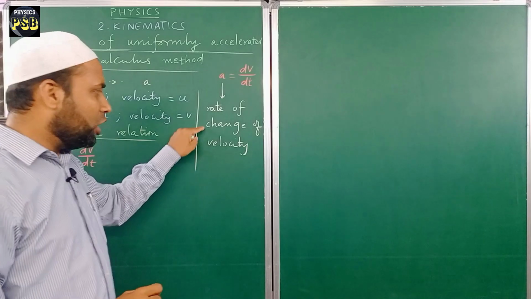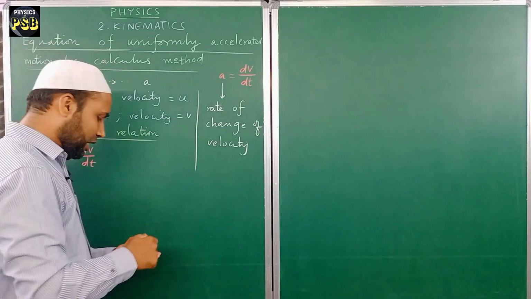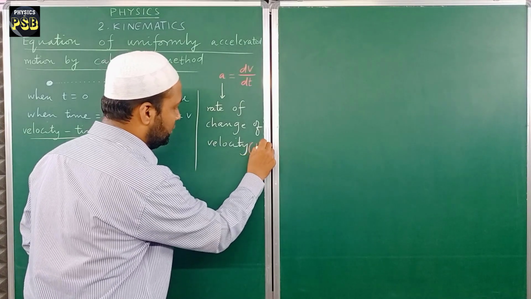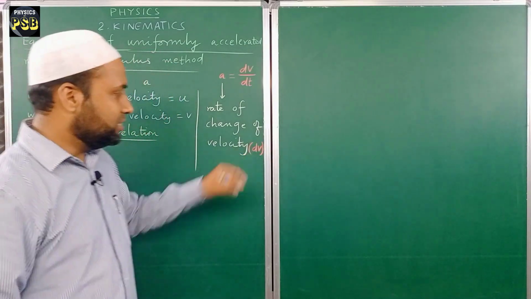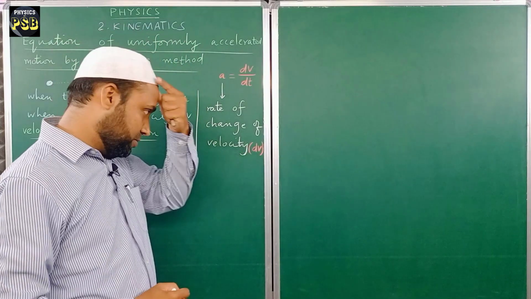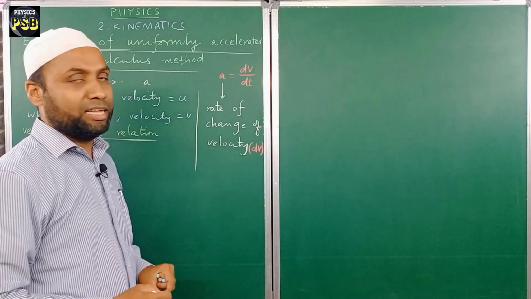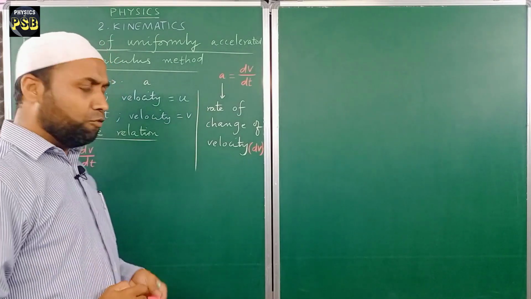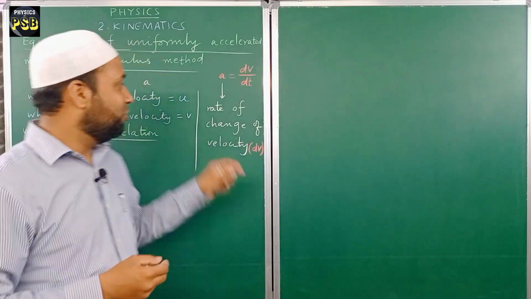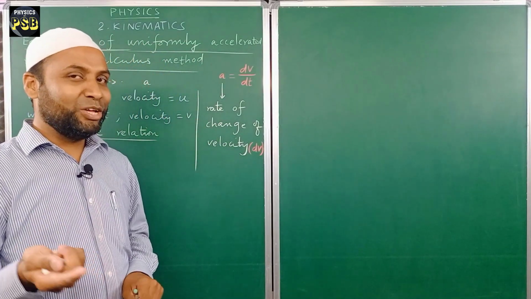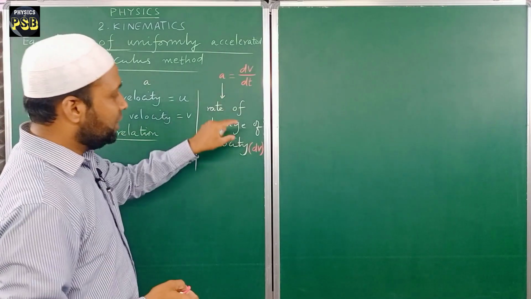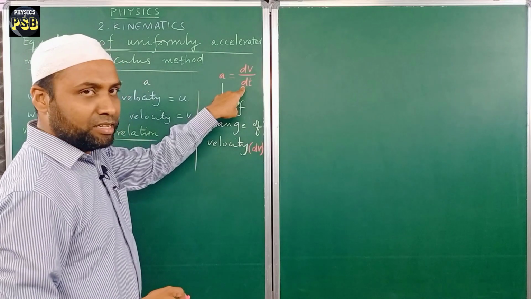The change in velocity is represented by dv. Here d stands for change, and it is the symbol of differentiation. Now I have the term rate. Whenever we divide a quantity by time, we obtain the rate of that quantity. Remember that. So the rate of change of velocity means dividing dv by dt.